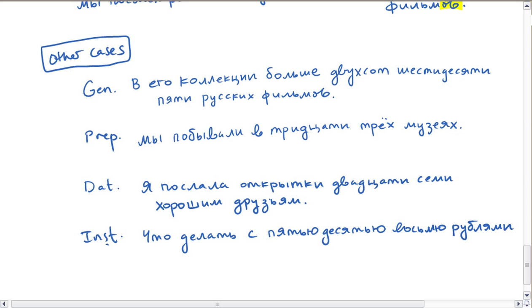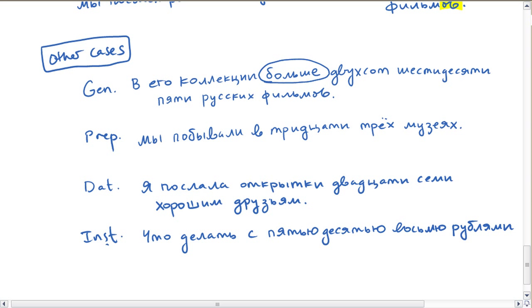Okay, so here are some sentences written out, and let's look at all of their cases and how everything's going to decline, including the number and each part of the number if it's a compound number. First, we have the genitive case. В его коллекции больше.